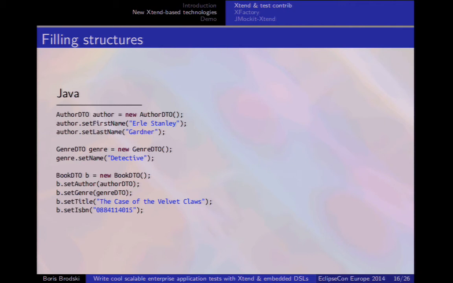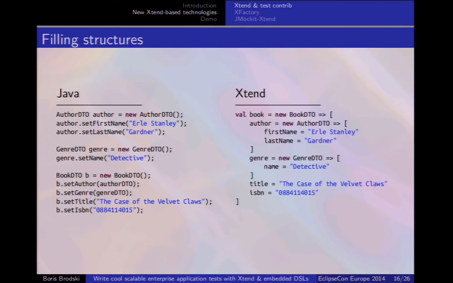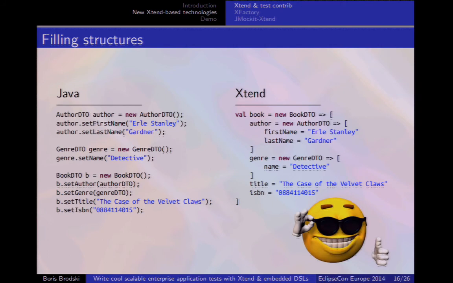So we need to pay attention to each line to understand what the root object is and what the child objects are. In Xtend, we can do exactly the same in this way. So we're not just filling our structure with data, but at the same time, we're visualizing it within our program. And that's awesome.